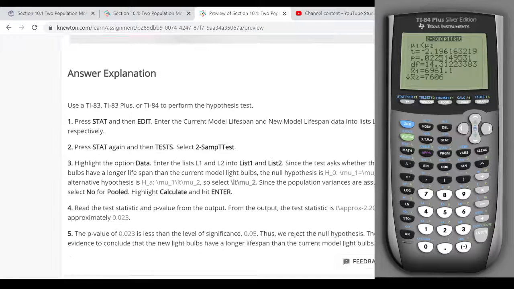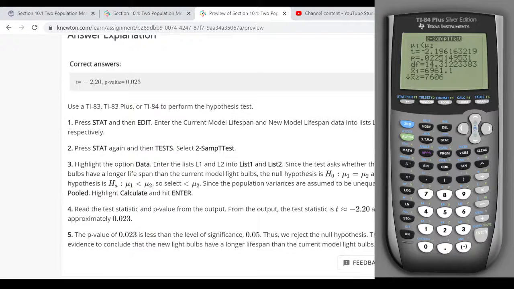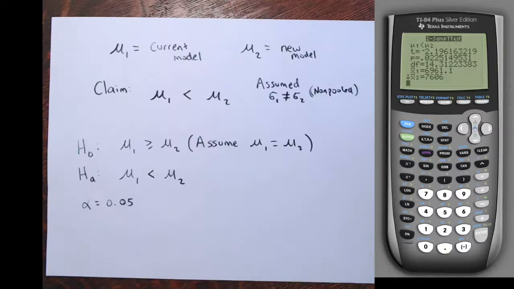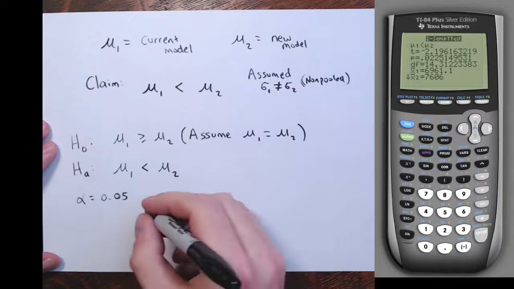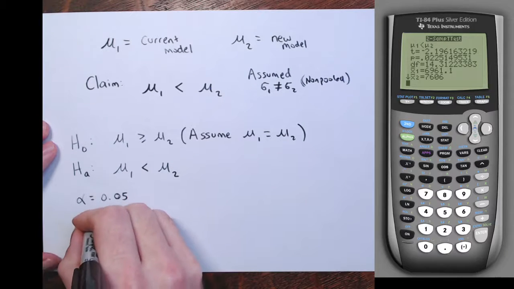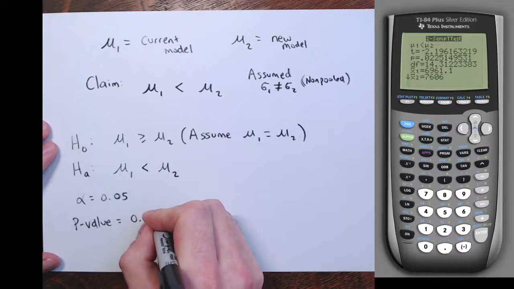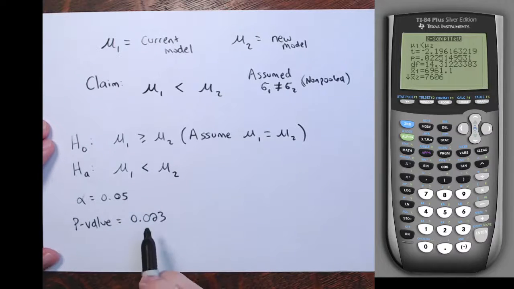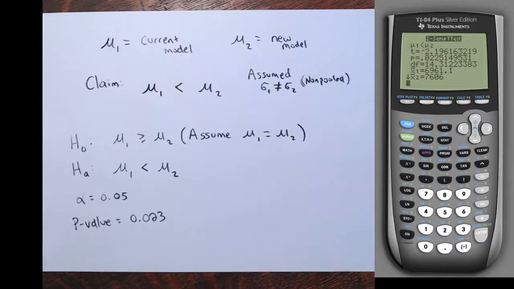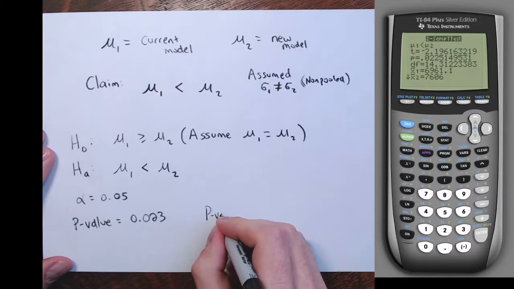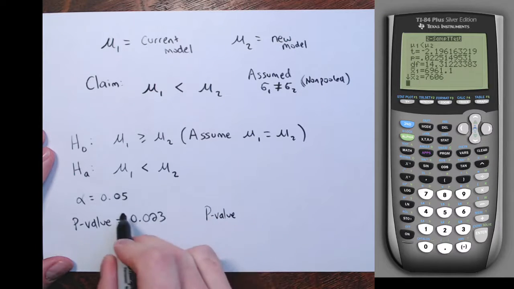Okay, wonderful. And again, they take you through how I did that on the calculator and whatnot. Now, if they had more to it, which they don't, I see the p-value is 0.023. You compare the p-value to alpha. The p-value is less than or equal to alpha.